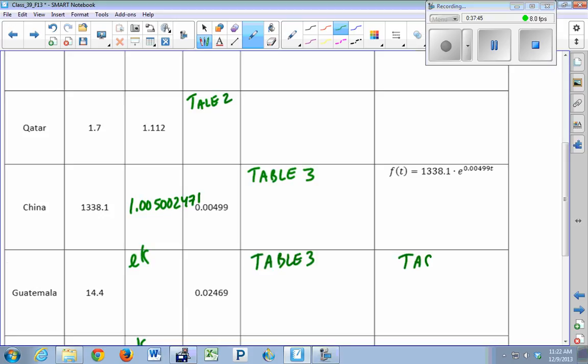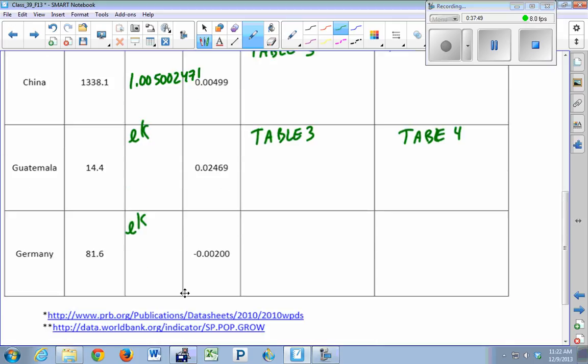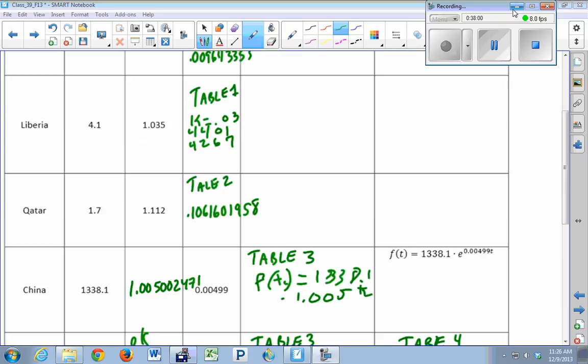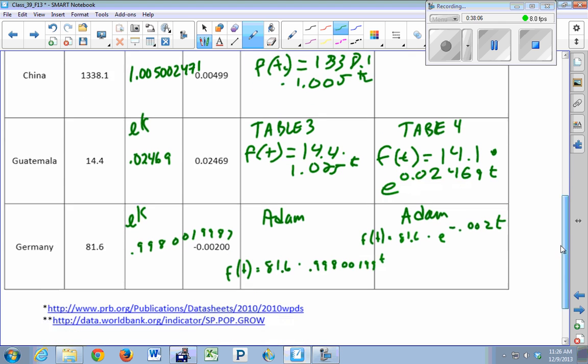Table 4, I'd like you to do this. And Adam, I'd like you to do this. And then come on up, fill it in. All right. So I think we've been able to fill all these in based on the work of each table.